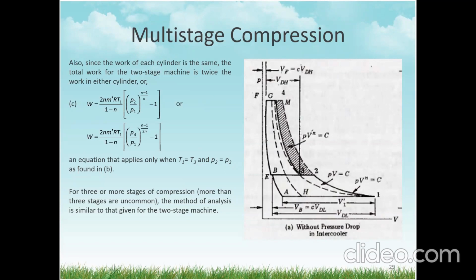For 3 or more stages of compression, more than 3 stages are uncommon, the method of analysis is similar to that given for the two-stage machine. You will see this in problem solving.